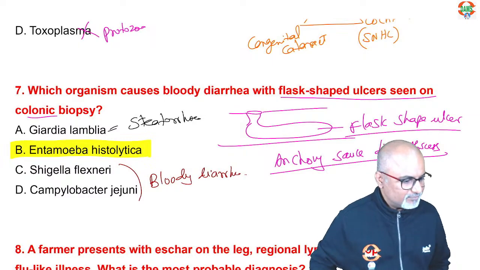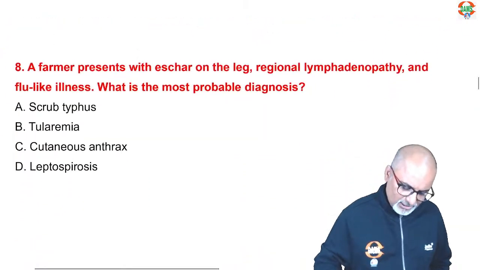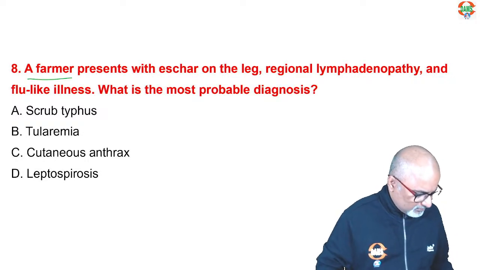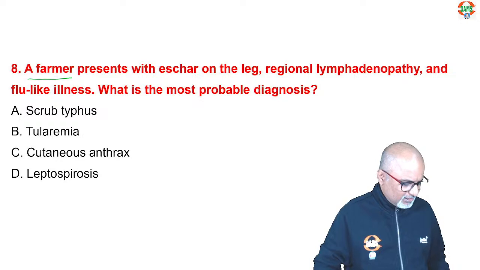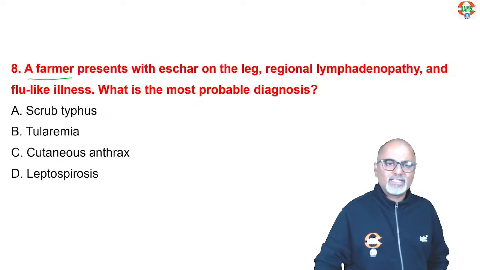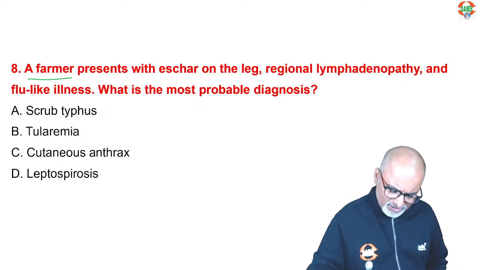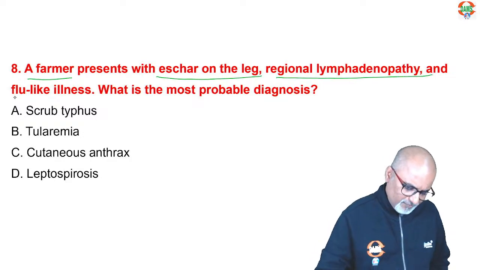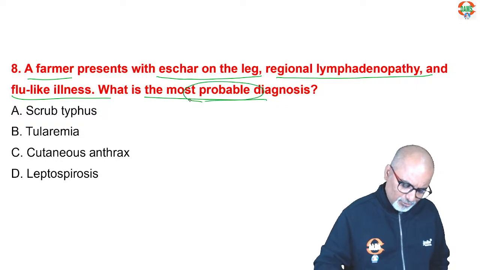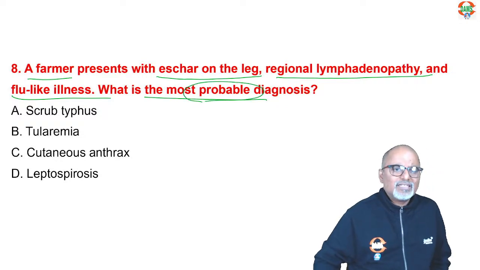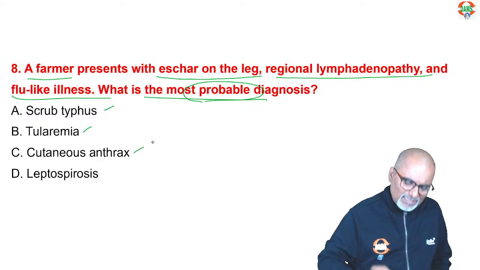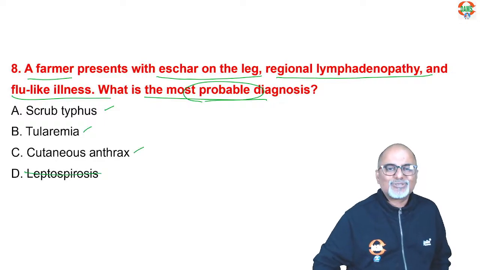Next is, a farmer. That is a clue for zoonotic disease. Wherever the question says farmer, immediately think it is a zoonotic disease. Eschar on the leg, regional lymphadenopathy and flu-like illness. What is the most probable diagnosis? Please remember, eschar is seen in scrub typhus, tularemia, and cutaneous anthrax, except leptospirosis.